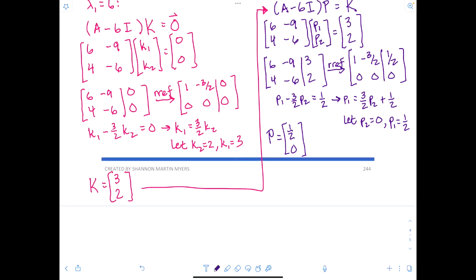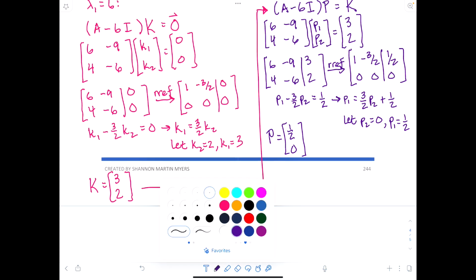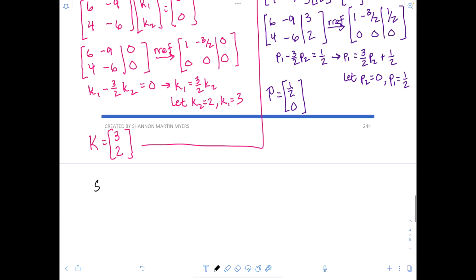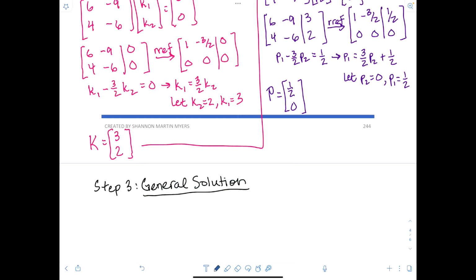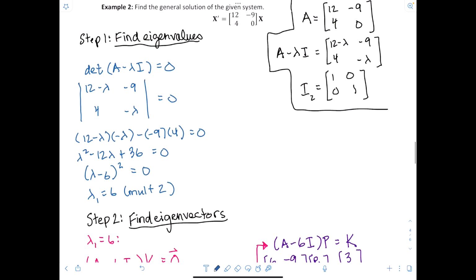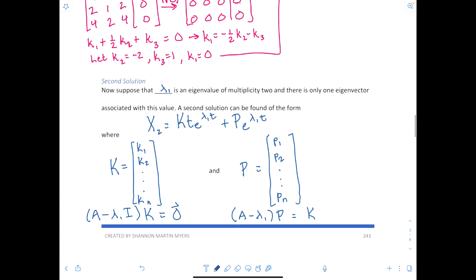And so now for our solution, step 3, our general solution. Coming back here, we'll have that second part of the solution is going to be all of this.